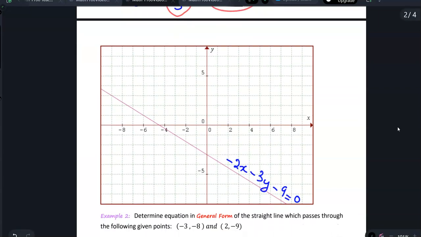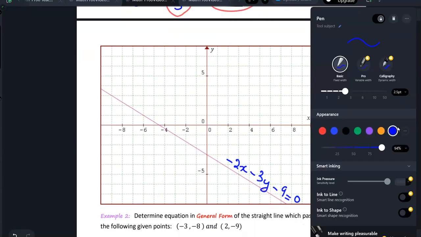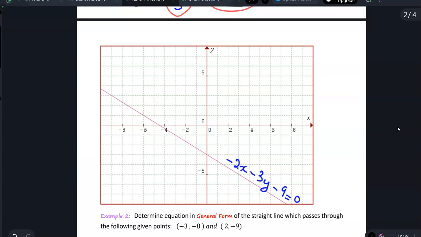And we figured out the slope as m equal to negative 2 over 3. So the line that's landed this way has a negative slope.